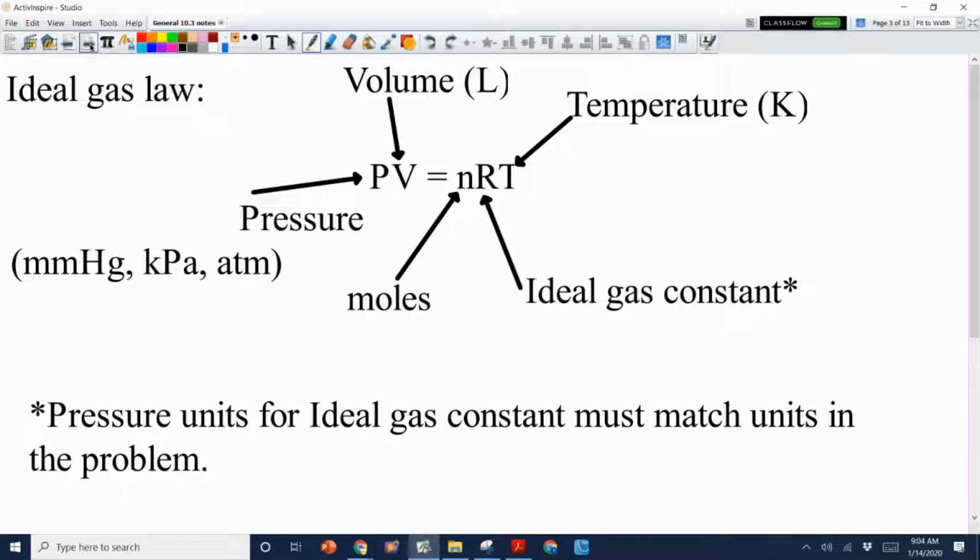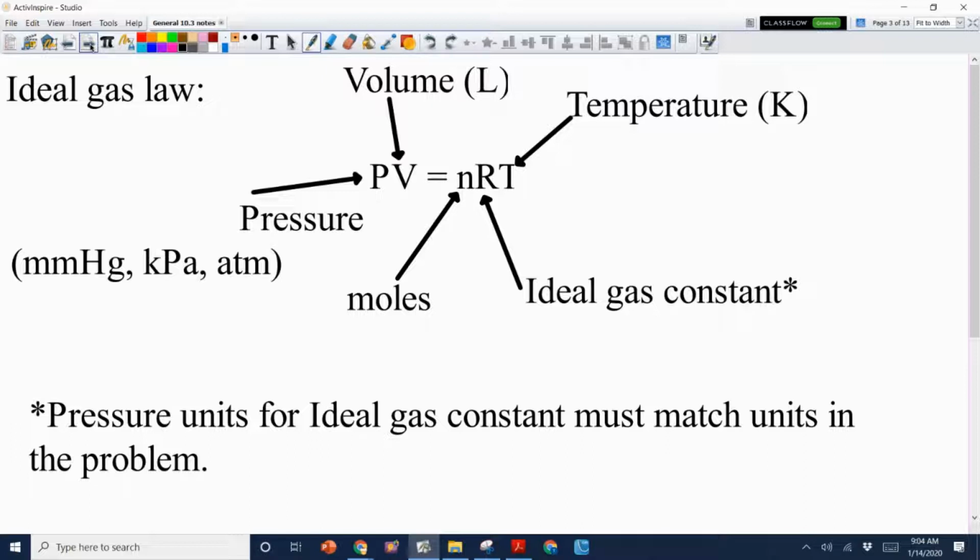So P is pressure, and pressure can be in one of 3 units. We're not talking about PSI or torr here. The units have to be either millimeters of mercury (mmHg), kPa, or atmospheres, and I'll show you why in just a moment. V is volume, and that's still in liters. n represents the number of moles.